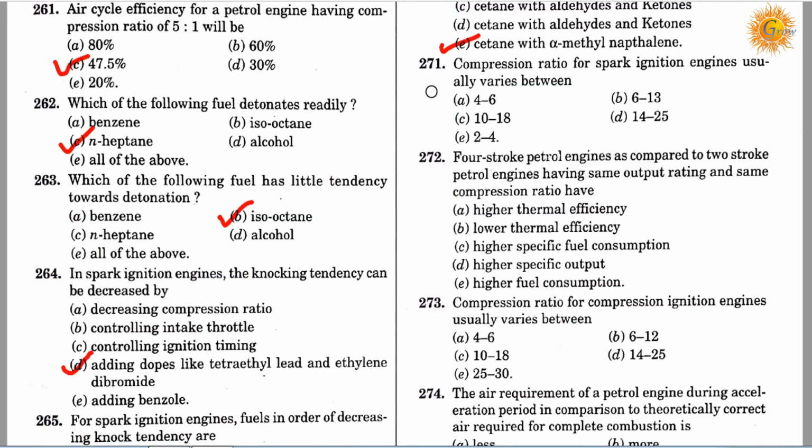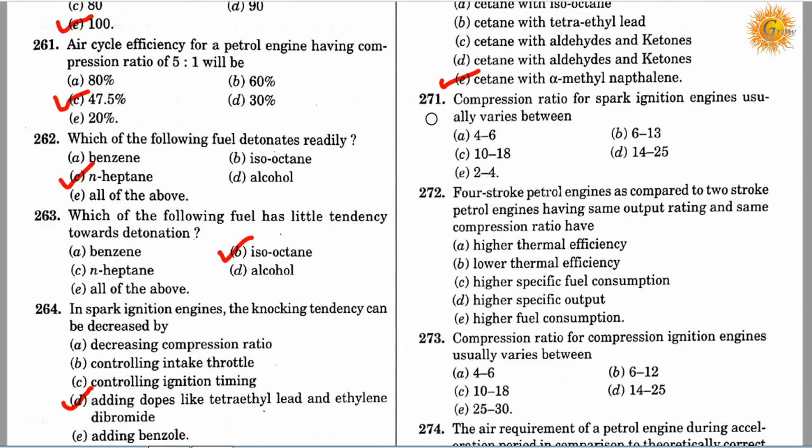Question number 271. Compression ratio for spark ignition usually varies between option A, 4 to 6, option B, 6 to 13, option C, 10 to 18, option D, 14 to 25, option E, 2 to 4. Correct answer is B. It will be 6 to 13.